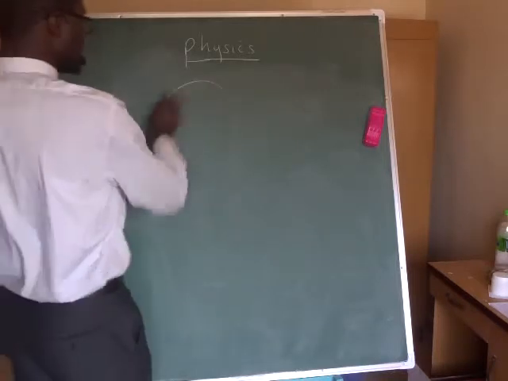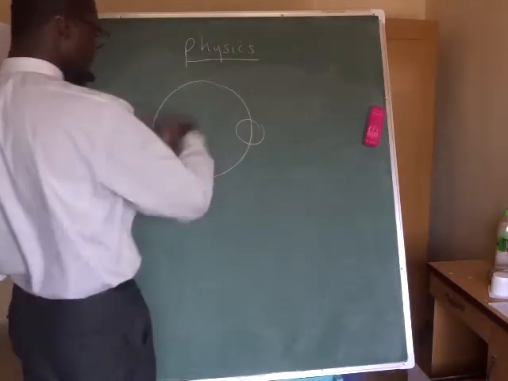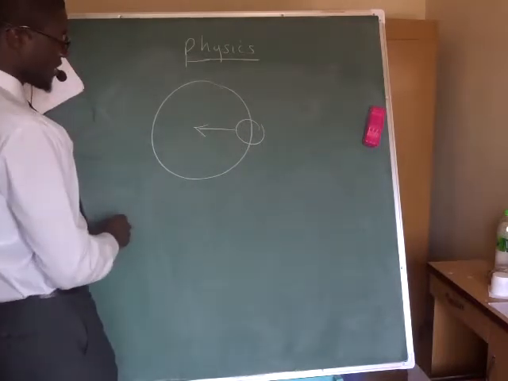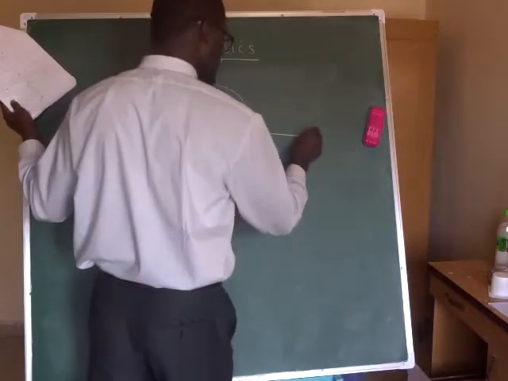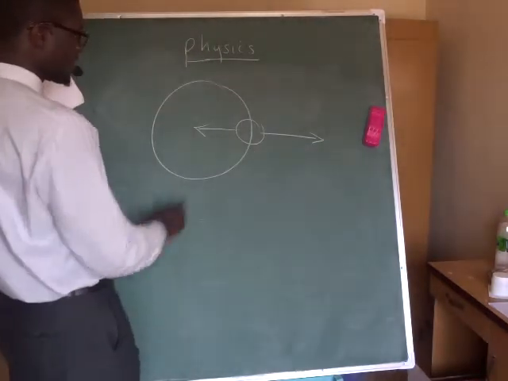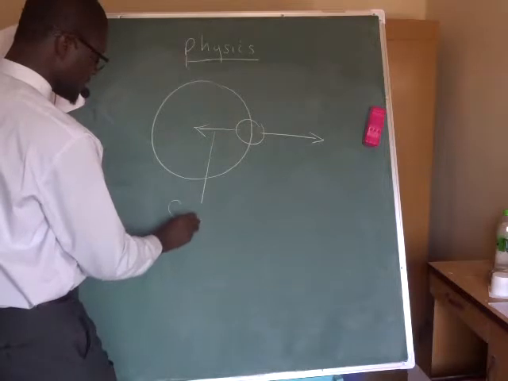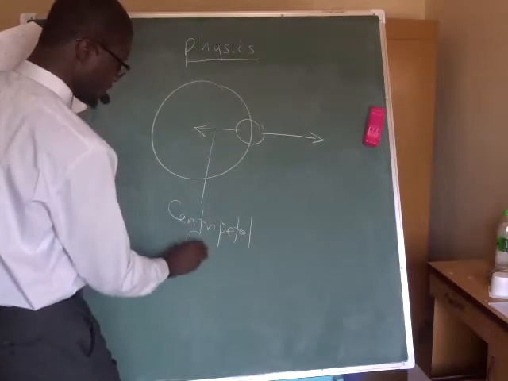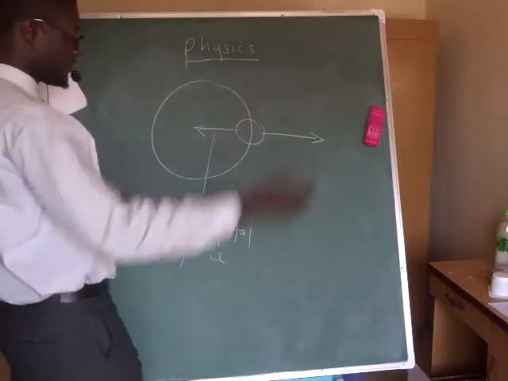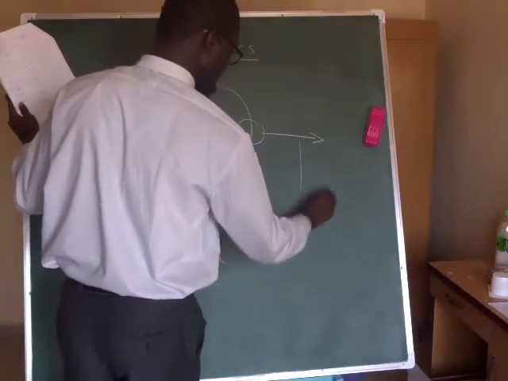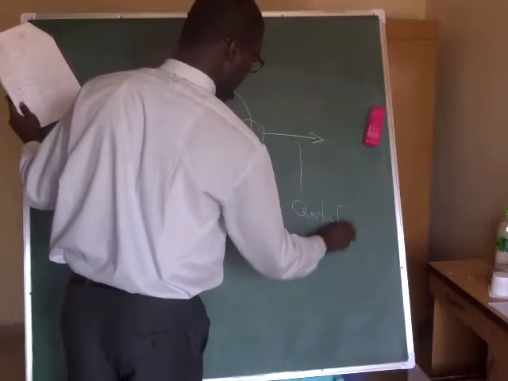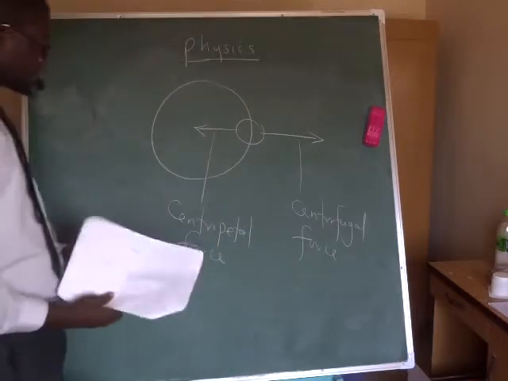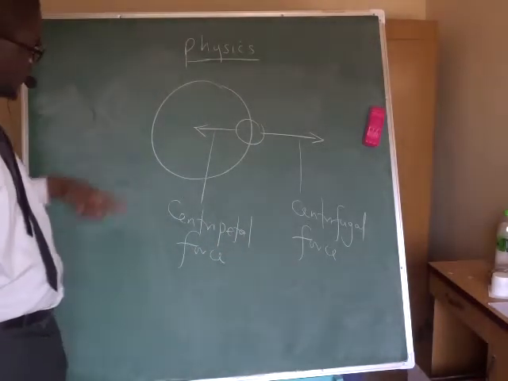The one acting towards the center is the centripetal force. The one that acts away from the circle is centrifugal force. So these are the two forces acting on a body revolving around a circle.